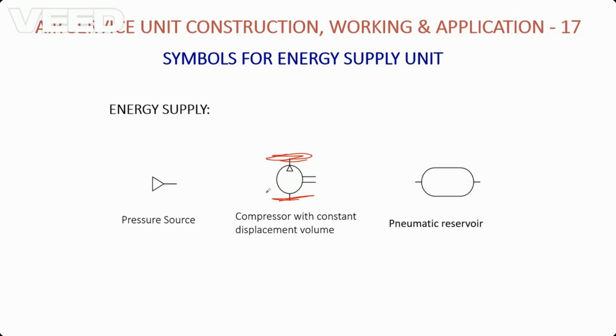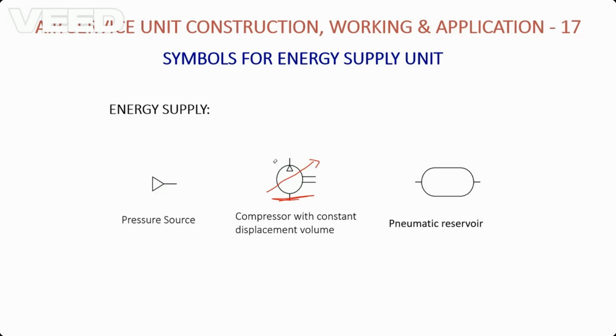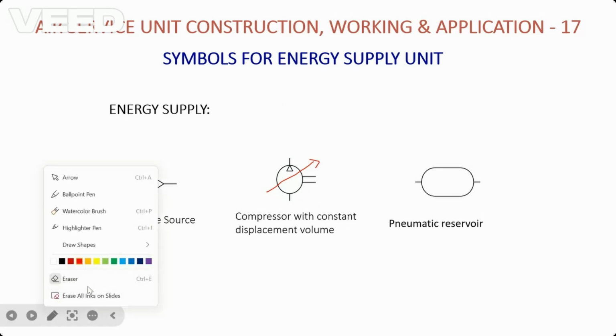If the same compressor has an arrow drawn diagonally, it indicates an air compressor with variable displacement. So this is the symbol used for an air compressor.